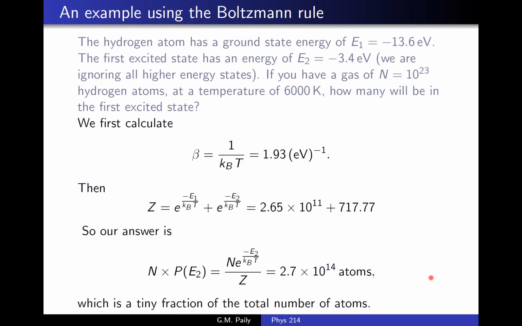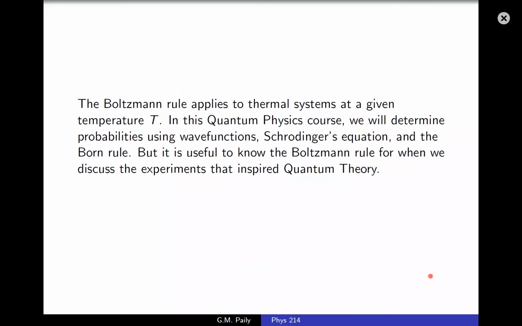Because you can see this exponential is also very sensitively affected by temperature. So if you increase the temperature, that can make a huge difference in the probability. The Boltzmann rule applies to thermal systems at a given temperature. In this quantum physics course, we will determine probabilities using wave functions and Schrodinger's equation and the Born rule.